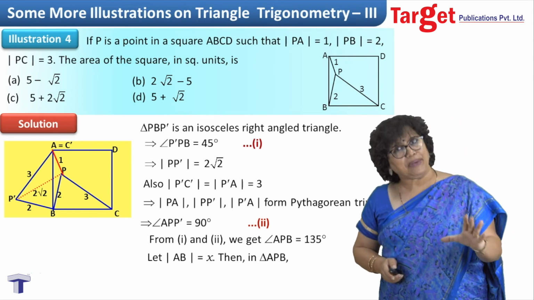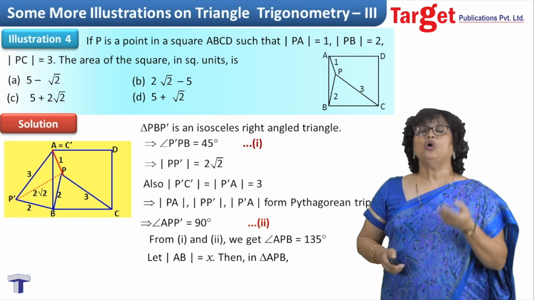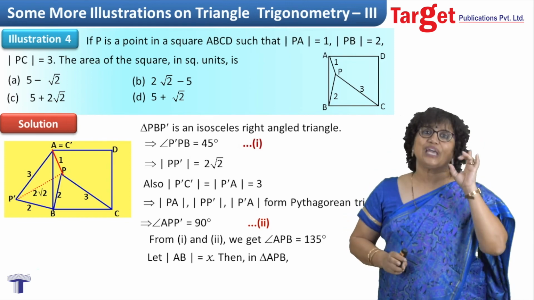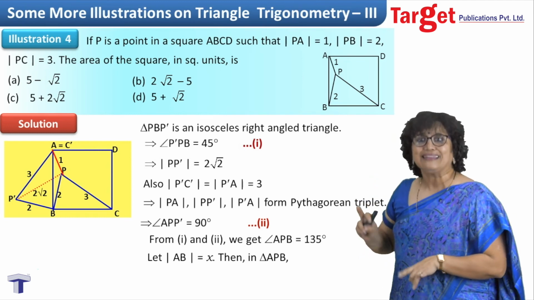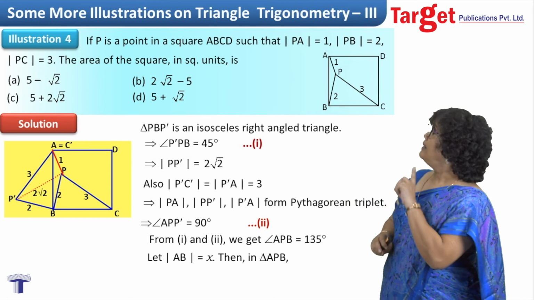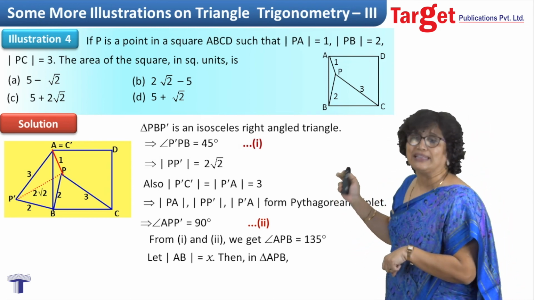I may take AB as x. And I realize that I am free to use now the cosine rule. Let me tell you one thing. The cosine rule we use if one angle and 3 sides are involved in the problem. Here 3 sides are involved in triangle APB, and angle APB, just now we have found, is 135 degrees.